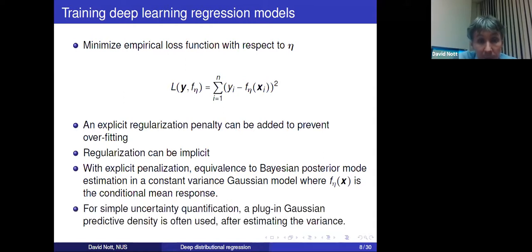But now, that correspondence suggests a very naive approach to uncertainty quantification that you do see sometimes. After you've trained your deep neural network regression model, if you can estimate the variance in some way, you can just plug in your conditional mean and variance estimates into a Gaussian density to give a Gaussian predictive density.